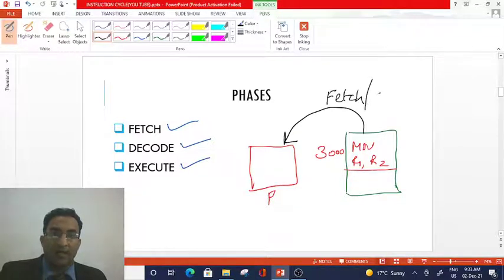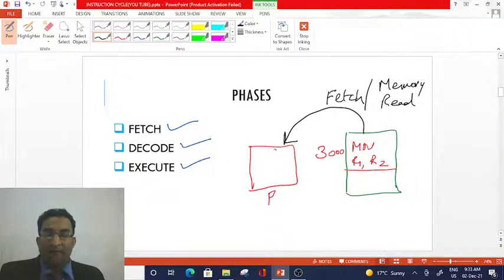Basically it is a memory read operation. After fetching, the instruction is now inside the processor. Processor will understand this binary pattern, which means processor will decode it, and after decoding the processor will execute that instruction.